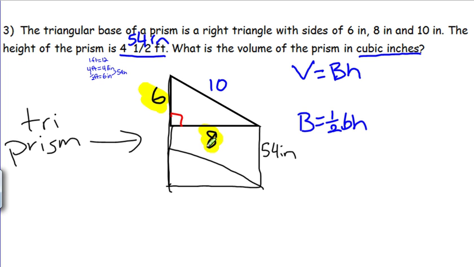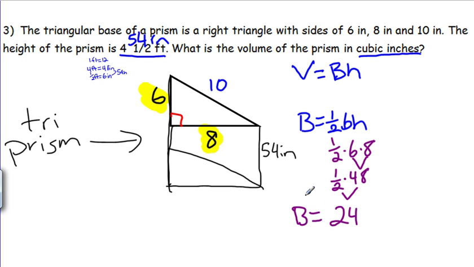So we're looking at 1/2 6 times 8. We can do that math out. 6 times 8 is 48. 1/2 times 48, or 48 divided by 2, or half of 48, however you want to say it, will always come out to 24, which means the area of our base is 24. So we can take this number, put it back into our formula, and say that big B is 24.